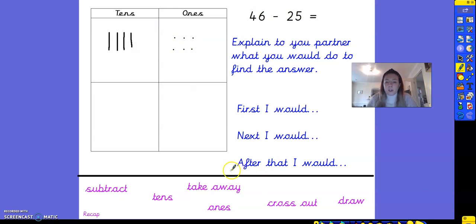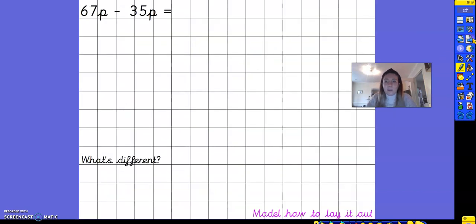Next, I would take away 5 ones. Then I would take away 2 tens. And after that, we can find our answer. We've got 1 one left and 2 tens. So our answer is 21. Hopefully you said something similar.